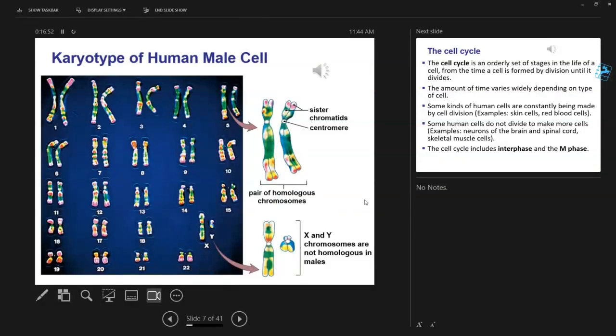This word, sister chromatids here: again, this cell's getting ready to divide, so it's got the two identical chromosomes still attached to each other. Plus, every chromosome has been copied. They're still stuck together, and when they're still stuck together, these are called sister chromatids. They're just the identical chromosomes. And where they're stuck together is the centromere here.